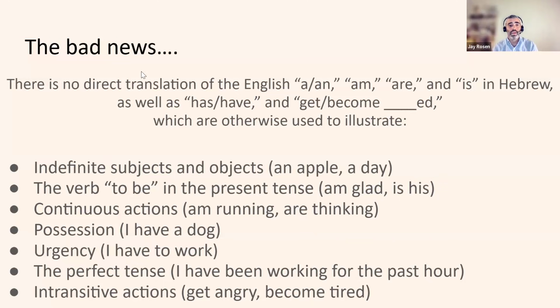Okay. The verb to be in the present tense, am glad, is his. What do we do? Continuous actions, am running, are thinking. You'll notice when I translate a lot of times here, I'll say, for example, he runs, he is running. In Hebrew, that's the exact same thing. Whereas in other languages, those are two different grammatical constructs.